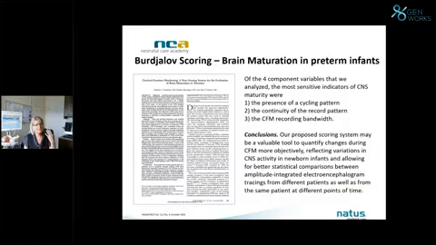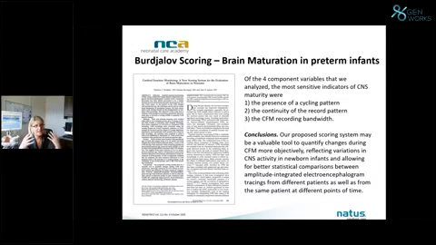Now, when we think about scoring the AEEG in a preterm baby, there is a scoring method called Burdjalov scoring. This is basically measuring brain maturation in preterm infants.